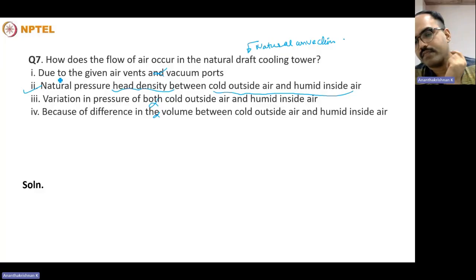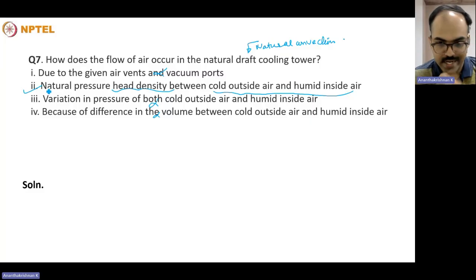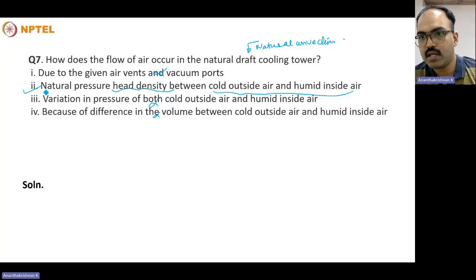Cold outside air will be at a higher density. Once it starts taking moisture, its density decreases and it starts flowing upwards. Then it will start exchanging heat with the water and cools the water in the process. So option 2 is the right one.